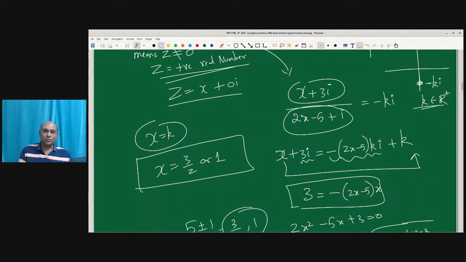Suppose I put 3 by 2, what happens to this? 3 by 2 plus 3i by 3 minus 5 is minus 2 plus i. Take 3 by 2 out, you will get this. This does not matter for argument. We need to look at this. Why not multiply by the conjugate? 1 plus 2i into minus 2 minus i. And below, that is going to be 2 square 4 plus 1.